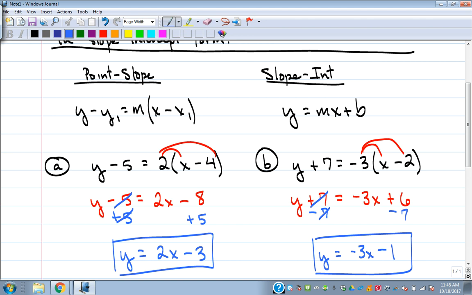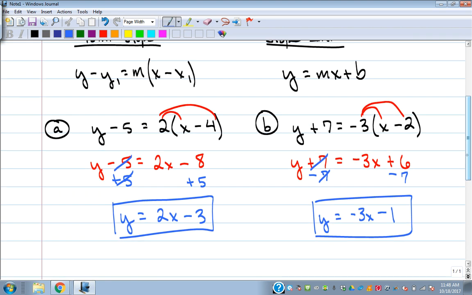You can't change slope-intercept back from slope. If you do, you don't know what point you're going to. You could use the y-intercept as the point. Like here we know the y-intercept is negative 1. You could have y plus 1 equals negative 3x minus 0.